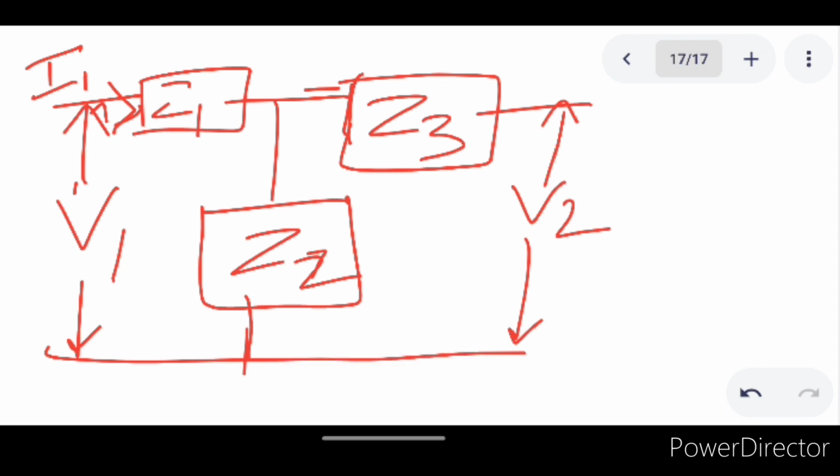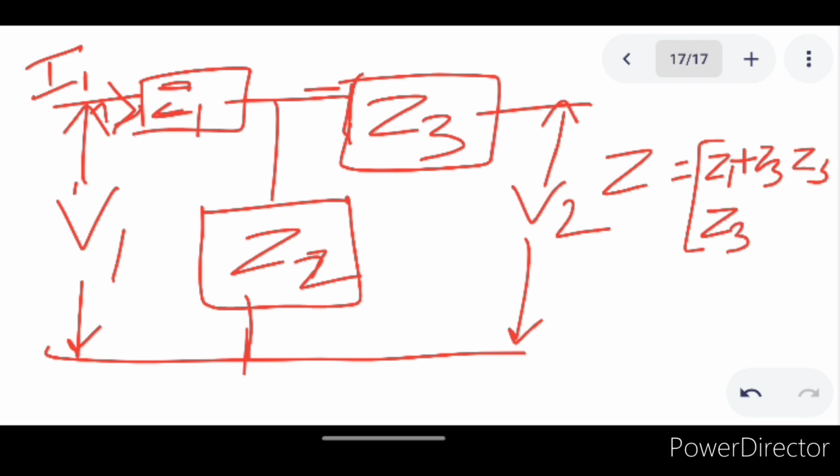Now for this network, the Z parameters are given by Z1 plus Z3, which is Z11, Z3, which is Z12, Z3, Z2 plus Z3. These are the Z parameters related to the T network.